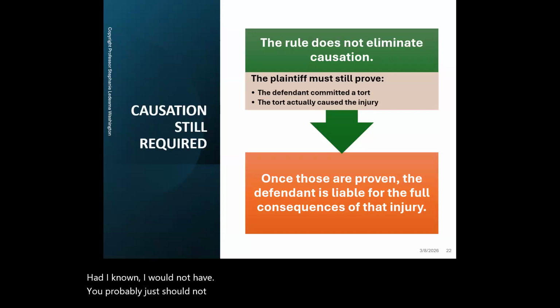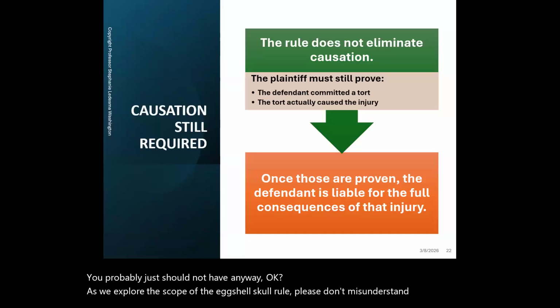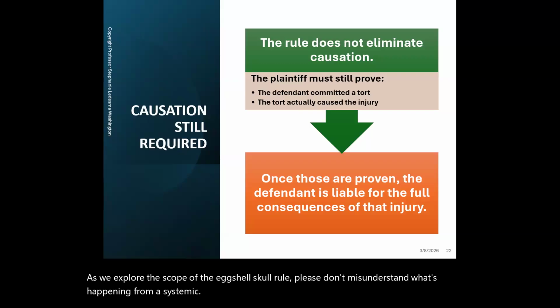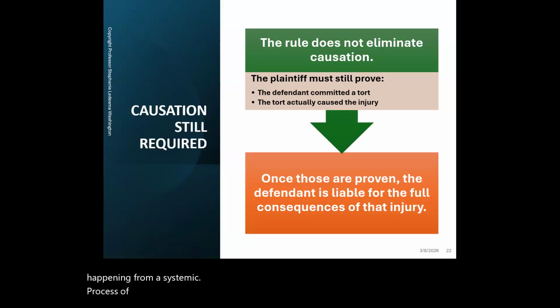Okay. As we explore the scope of the eggshell skull rule, please don't misunderstand what's happening from a systemic process of the doctrine. The eggshell skull rule is not eliminating causation.